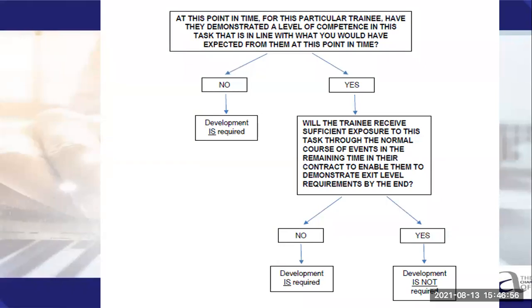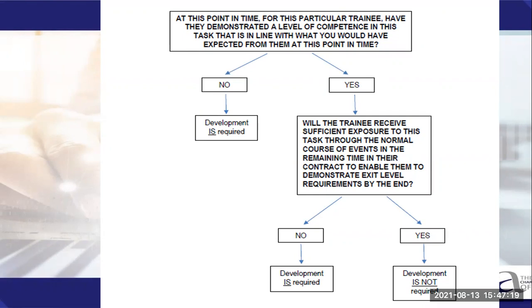Now, the first question you would ask yourself is whether at this point in time, for this particular trainee, they demonstrated a level of competence in this task that is in line with what you would have expected of them at this point in time. So once the answer here is no, it's simple, development is required.